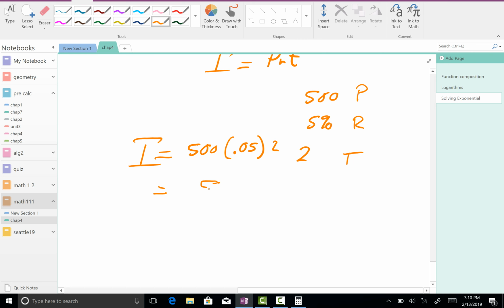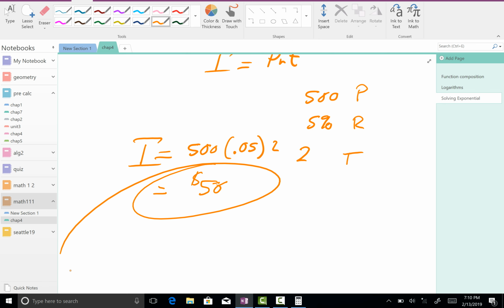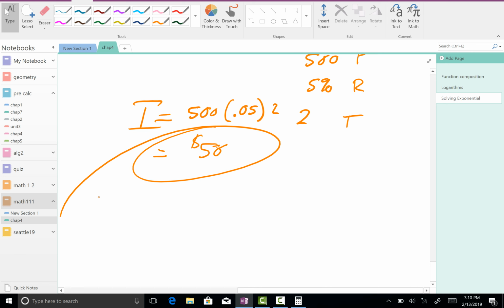Now that's the interest, so that's how much interest that person would be paying. But again, that's just really simple interest. So when you see simple interest, that's what you're going to use. But most loans and credit card balances, stuff like that, are compounded.